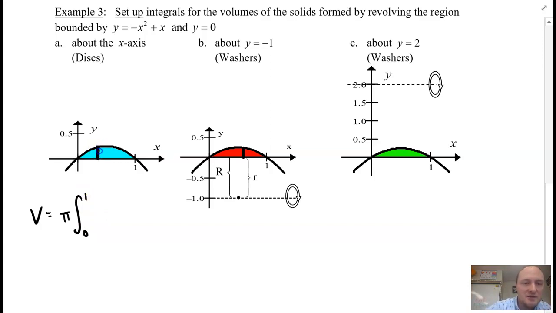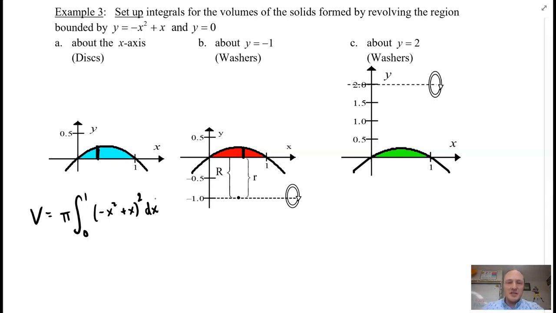Now our radius, the distance from our axis of revolution to this point here, is going to be our function, so negative x squared plus x, squared. So pi r squared, and this is dx. Okay, so there's our first example.